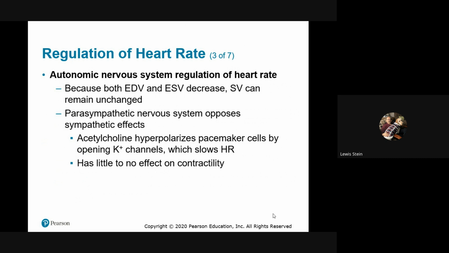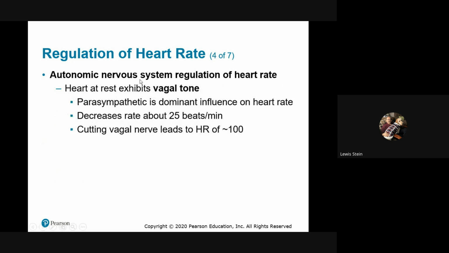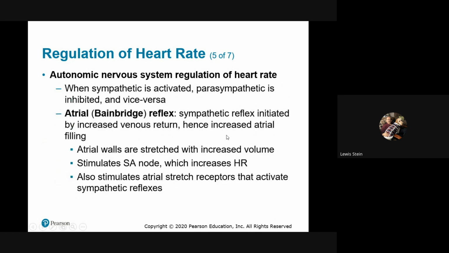We basically restrain it from doing more than it needs to do. So that's vagal tone. It is dominant, about 25 beats per minute. The heart rate would normally be around 100. And so those are important. So, and basically we know they're opposite one another. They call this the Bainbridge reflex, by increased venous return, hence increased atrial filling.